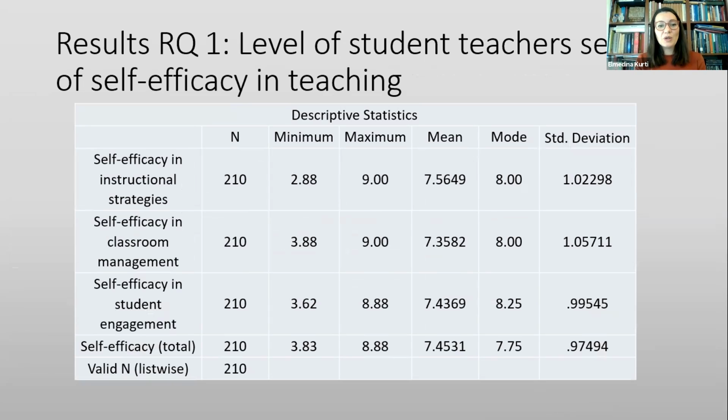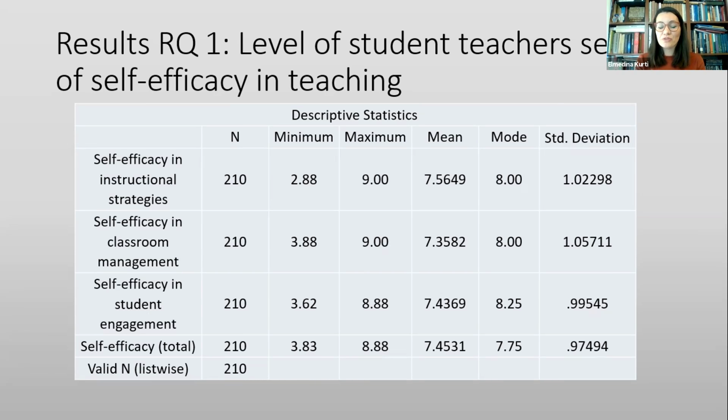Regarding research question 1, what is the level of student-teacher self-efficacy in teaching? We see that the self-efficacy in total has a mean of 7.45. It's a scale from 1 to 9.